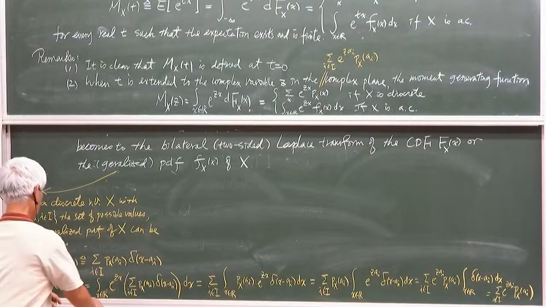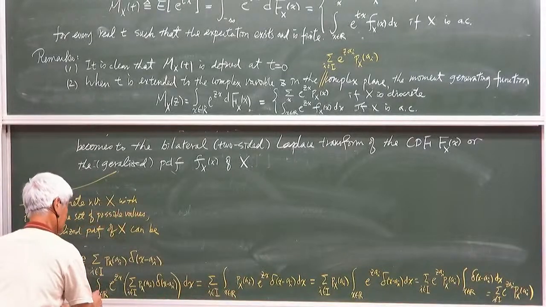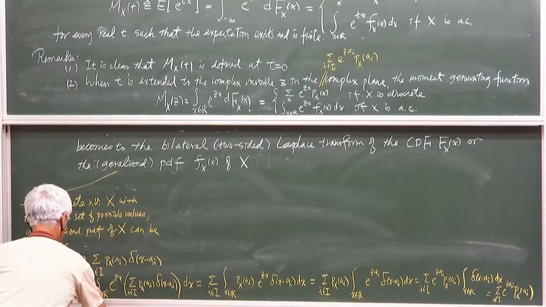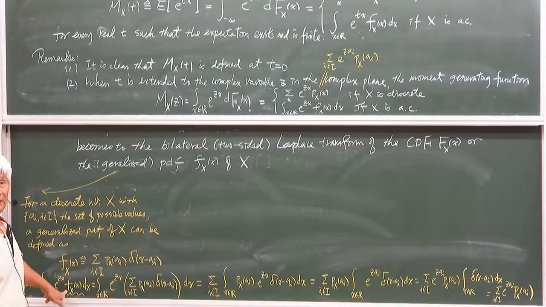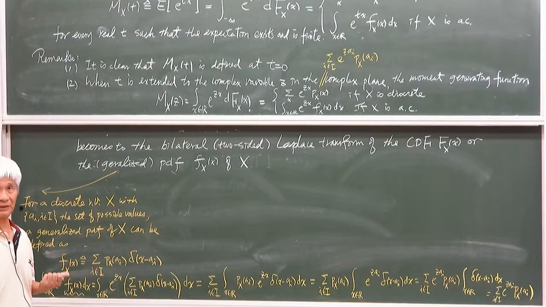I forgot, this is dx. So this is the generalized probability density function, because you use a generalized function, the delta function, here.